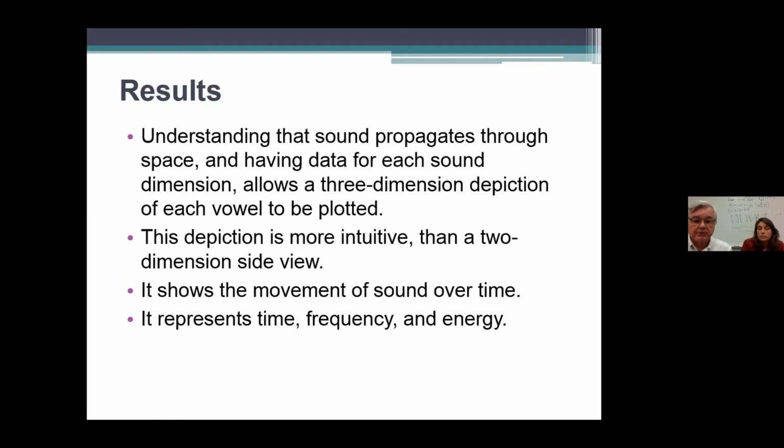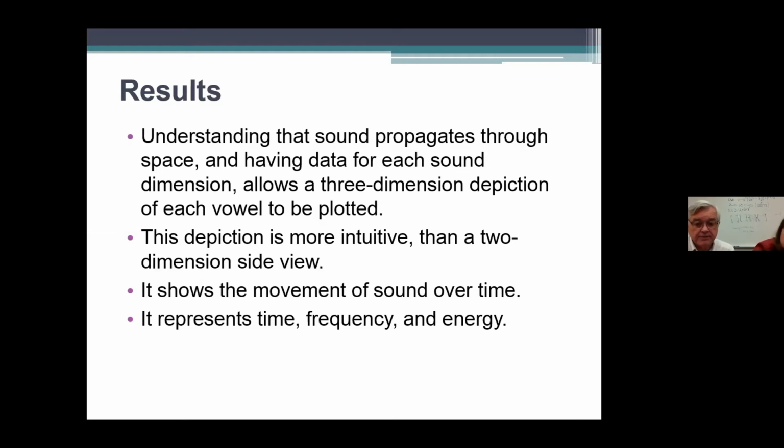This depiction, we say, is more intuitive than a 2-dimensional side view. The difference could be the difference in looking at a train as it passes you versus being in a helicopter looking down on a moving train, as a product of time and dimension through space. It shows the movement of sound over time. It represents time, frequency, and energy.